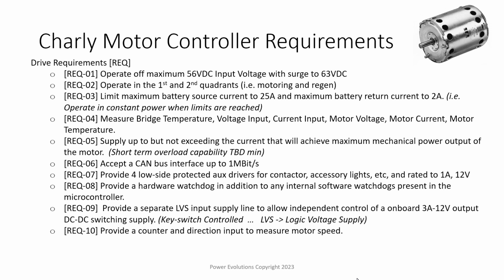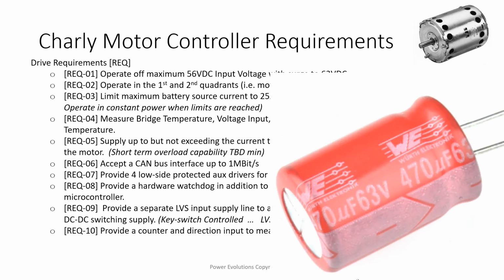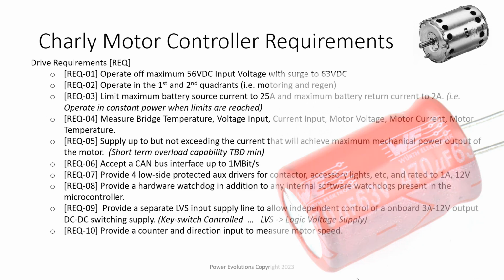In my case, my upper limit on the battery is its maximum charge voltage, which is 56 volts. And just for the sake of it, I said we've got to be able to withstand at least a surge to 63, which was chosen because that's typically one of the boundary voltages for electrolytic capacitors.